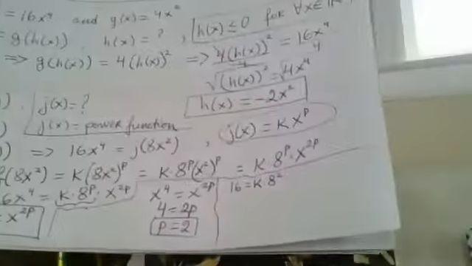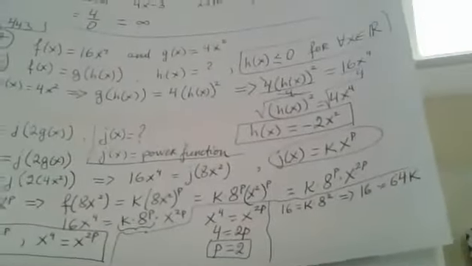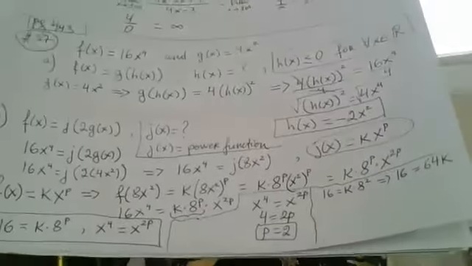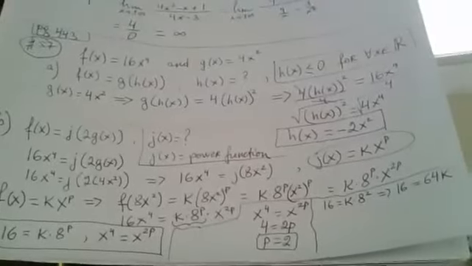Yes. 8 squared, is it 64? Yes. So 16 equals 64 times k. And my goal is to find the value of k. Can I divide both sides by 64? Yes.